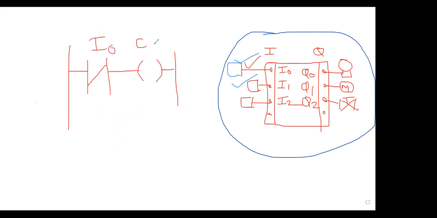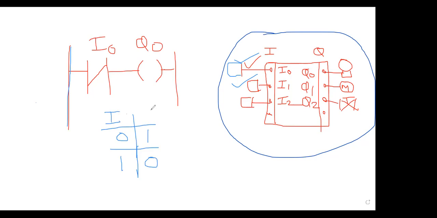We shall check this. So initially, your main supply, you have to check initial condition first. So this is your initial condition, right? I0 will be 0. So the truth table is, it is 0, it should be 1. It is 1, it should be 0, correct? I0 and Q0.